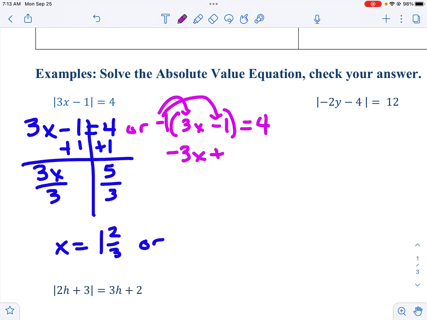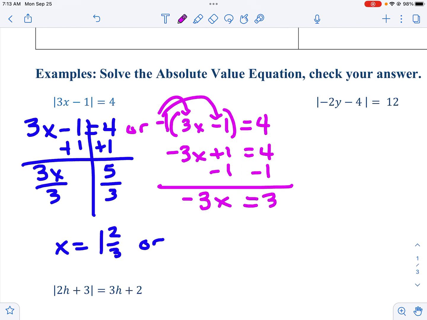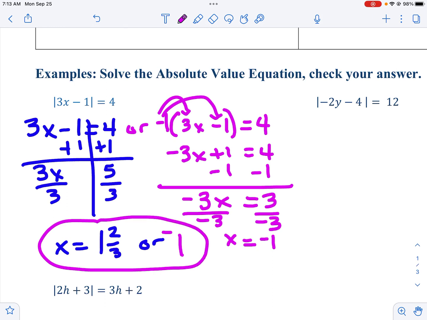A negative times a negative is a positive. And now we're going to subtract 1 from both sides. Then we're going to divide by negative 3. And we get an answer of negative 1. Because over here, x is equal to negative 1. So again, these are my two solutions.